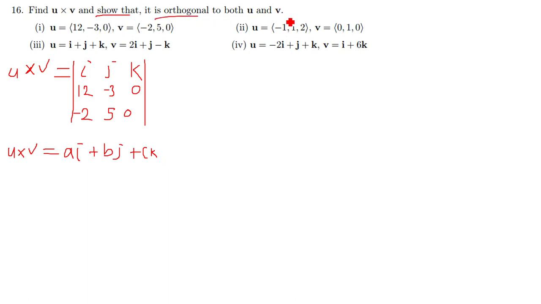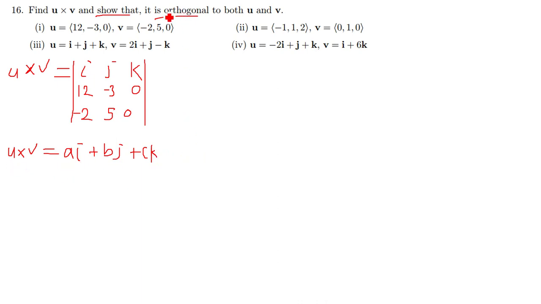I'm trying to take shortcuts because I explained in the previous question how to find the determinant, and I don't want to make the video very long. After finding your final answer, u cross v will be in this format.